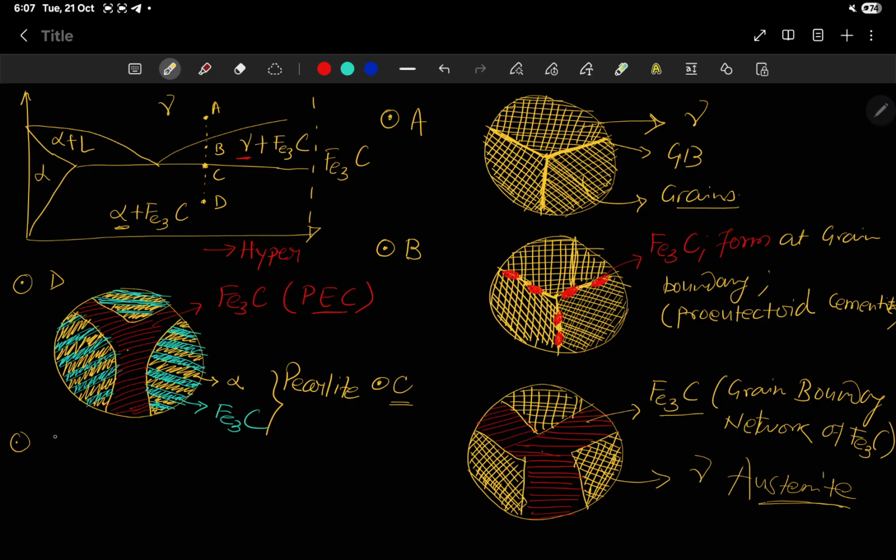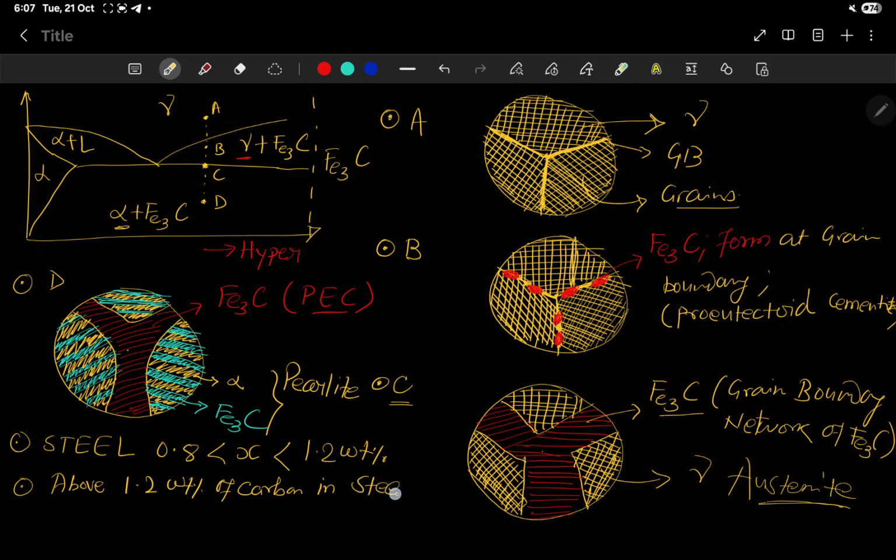So some important observations for hypereutectoid steel, right? In steel, generally the weight percentage of carbon is greater than 0.8 and less than 1.2 weight percentage. And what is happening above 1.2 weight percentage of carbon in steel?